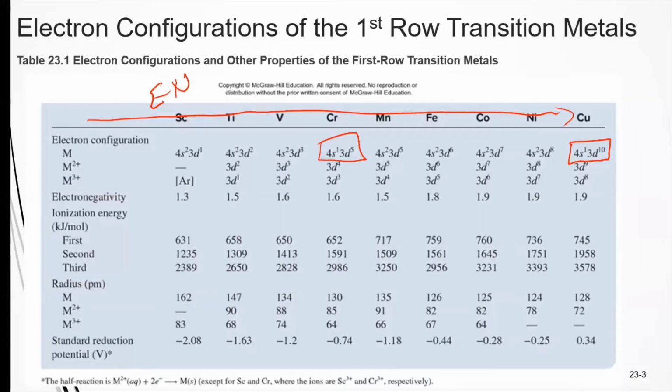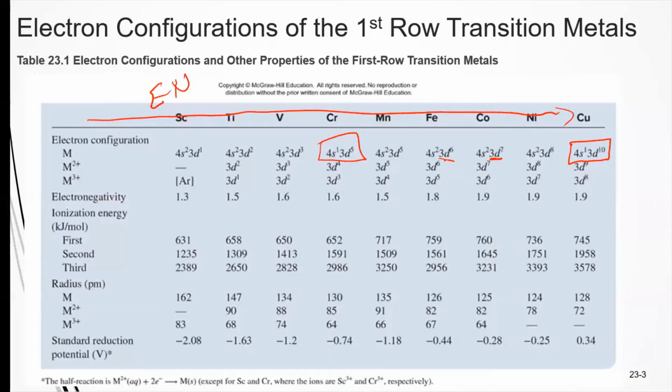However, the 3d valence electrons seem to do a better shielding job than our s valence electrons, and that's why we don't see as large a change in their trends as we would for our main group elements.